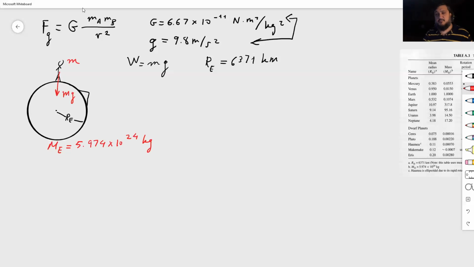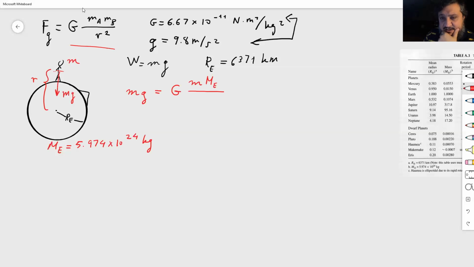So mg is your weight, but it is also this force here. Now what I'm going to do is equate mg to the force here. M is your mass, ME is MB. Now divided by, I need the distance between your center of mass, maybe somewhere on your belly, to Earth's center. That is going to be that r in the formula.